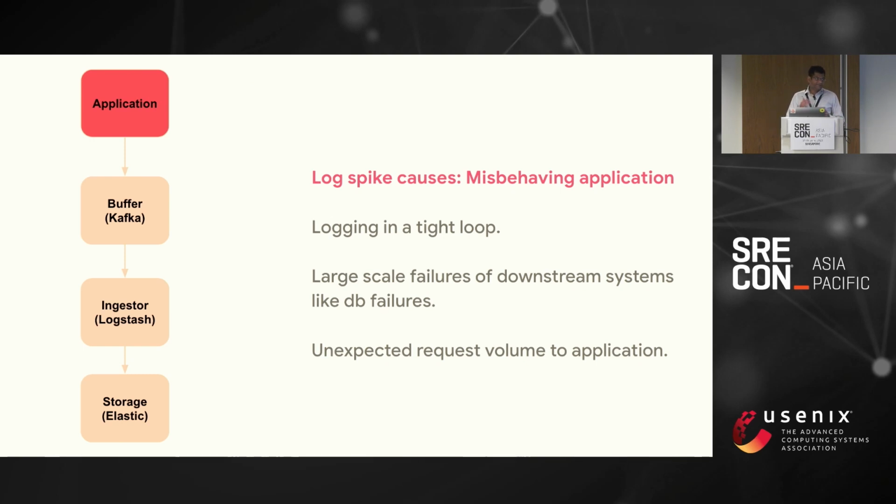This leads to log spikes. A third common reason is the application itself getting an unusual or unexpected amount of request volume, which it didn't see before. These 3 reasons are typically why you'll see log spikes from an application.